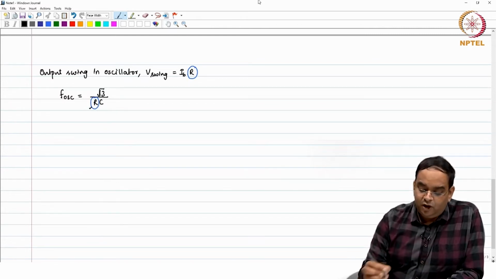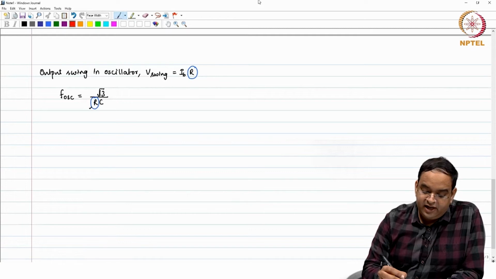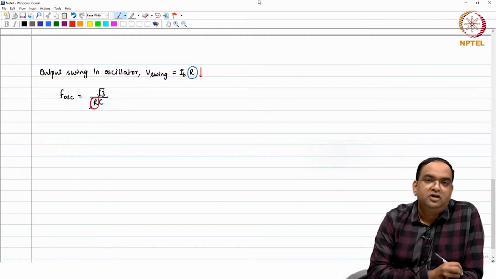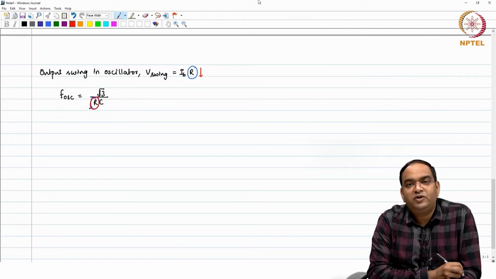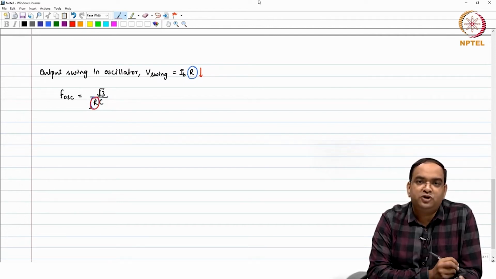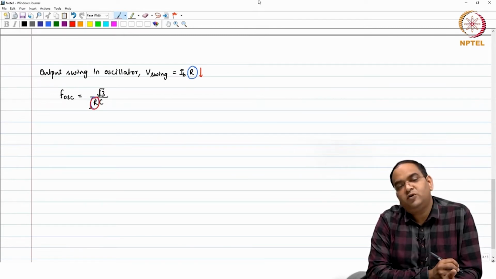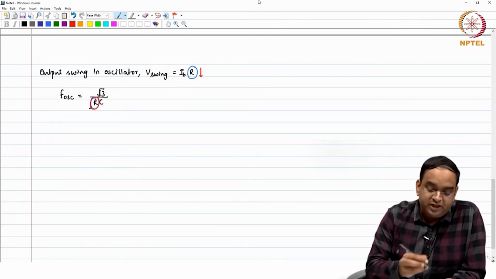And on top of that, as you want to increase the frequency of the oscillator by reducing R, your output swing drops, so at higher frequency your output swing is lesser. First, output swing should not vary with the frequency, and second, if output swing reduces with the higher frequency, that makes the situation worse.